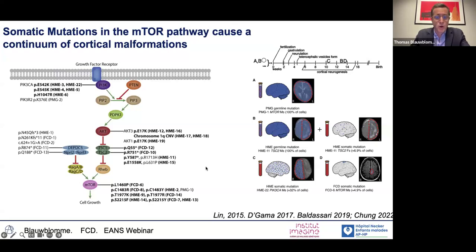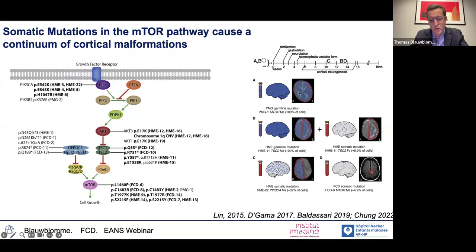And this is the only FCD actually that is very well characterized on this level, because all the mTOR pathway genes, starting from PI3K, PTEN, DEPDC5, TSC genes, RHEB, can harbor mutations that will end up with constitutive activation of the mTOR pathway. And what will give the phenotype in your patient, along with the gene itself, is the moment in the cortical neurogenesis where it appears.